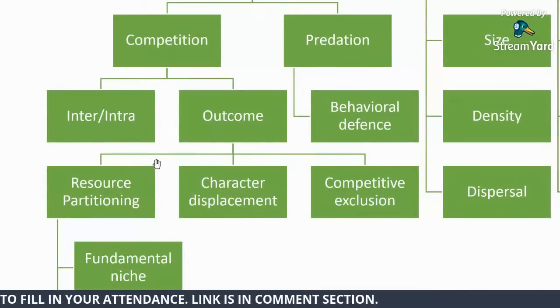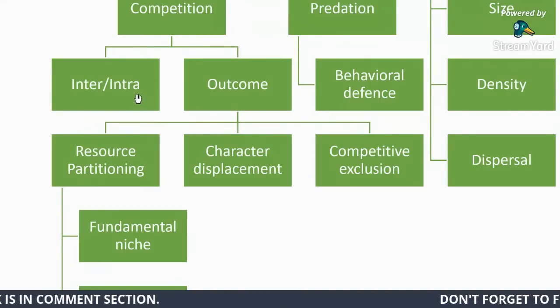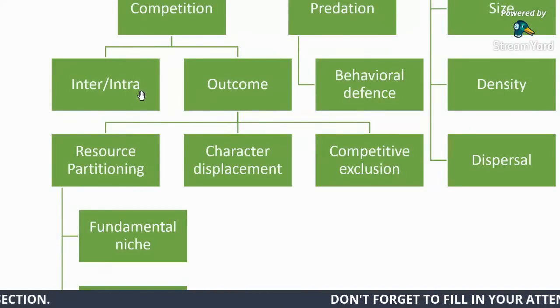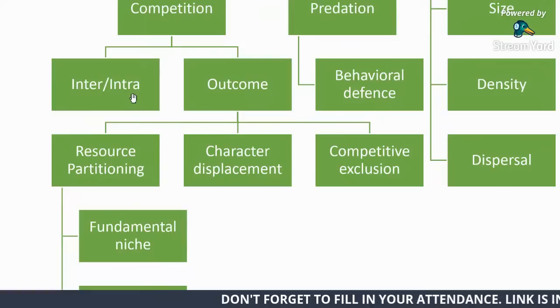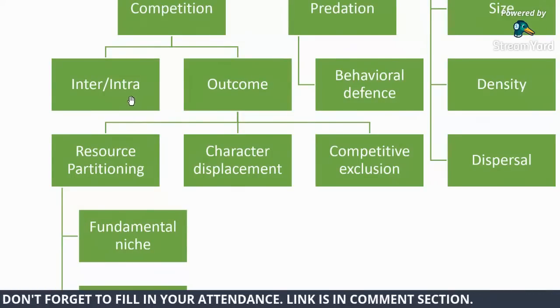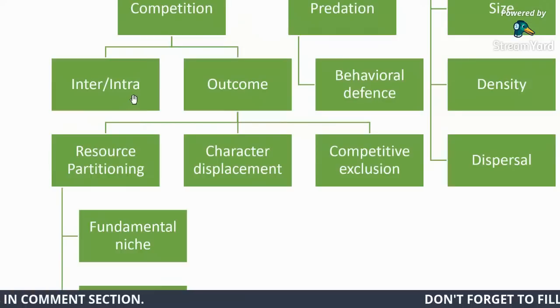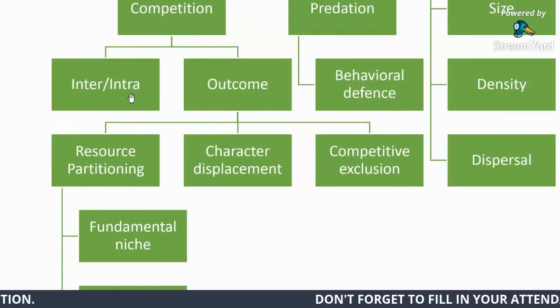So competition boleh jadi inter atau intraspecific. So kalau intraspecific, usually competition dia adalah tinggi jugalah, sebab kalau sesama spesies yang sama, ecological niche tu akan overlapping kesemuanya. Mostly dia akan overlap, right?